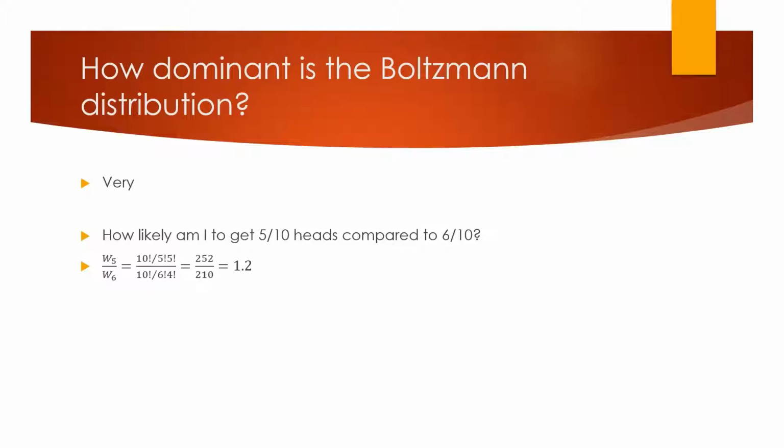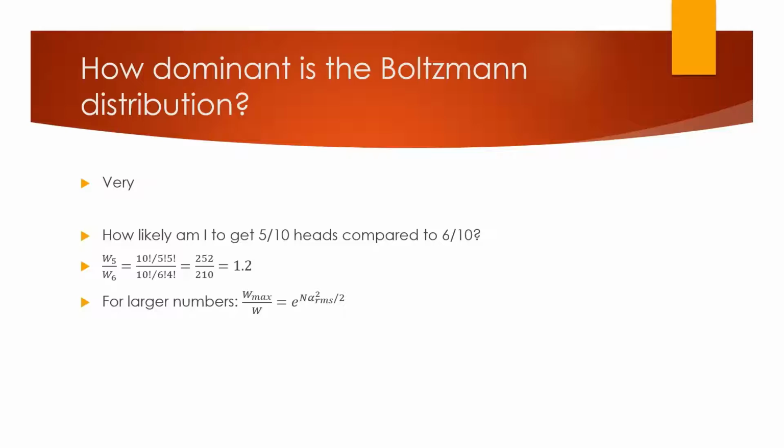We can't really calculate these things exactly for larger numbers, and this is where the book goes through an approximation that we can use. If we have large numbers, we can calculate the ratio of 2 different weights, and in this case, we're mostly interested in the maximum weight, the dominant distribution, compared to some other distribution. It is approximately e raised to n times alpha RMS squared divided by 2, where this alpha parameter talks about how wide the distribution is, and n is the total number of objects that we're measuring this for.